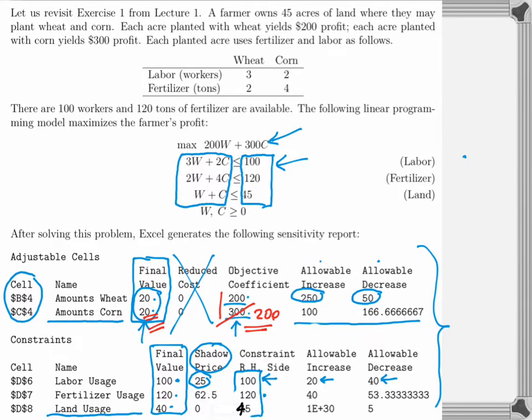The other thing to keep in mind is the impact to the objective value depends on whether or not the change you're making to the right-hand side number is an increase or a decrease in terms of the sign, right? So one way to think about this is the following. You can say the change to the objective value is going to be the change to the right-hand side number times the shadow price.